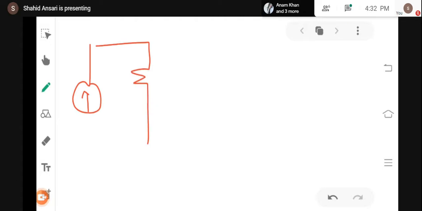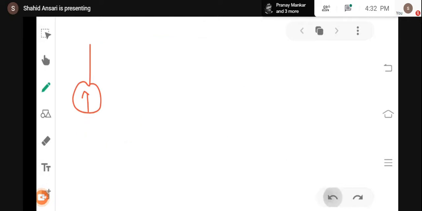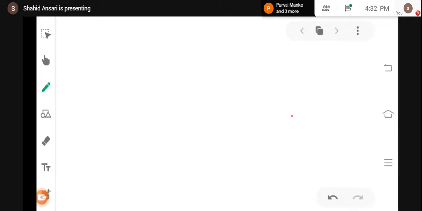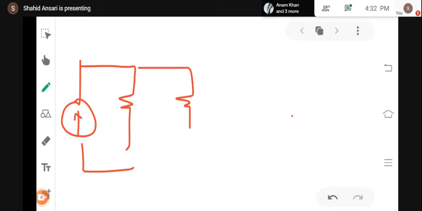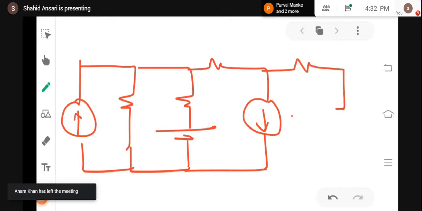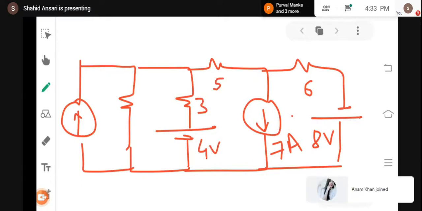Let me first make sure whether you have understood the method properly. Now, again, it's a simple numerical.